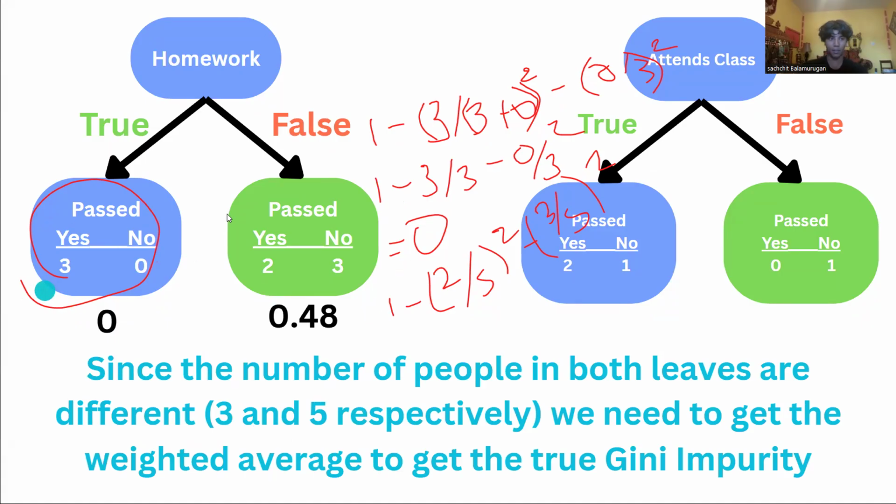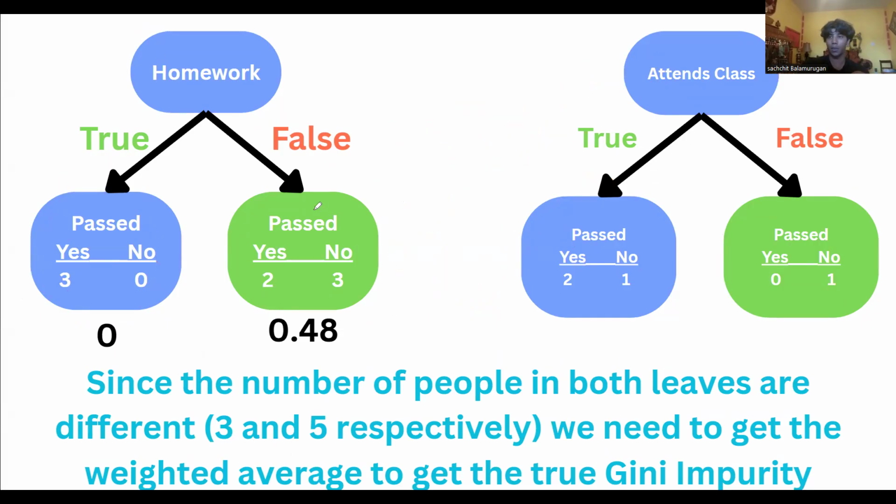Our next step after figuring out this value is to do the total. We need to get the weighted average. How do we do the weighted average? We have 3 here, and we have 2 plus 3 here. Let's start with the weighted average of the left leaf: 3 over 3 plus 2 plus 3. 3 plus 3 is 6, plus 2 is 8.